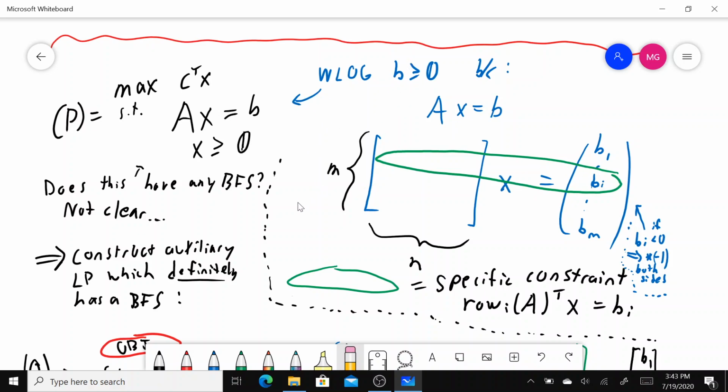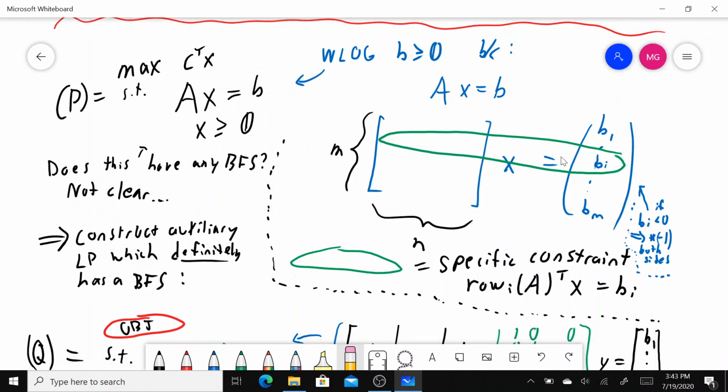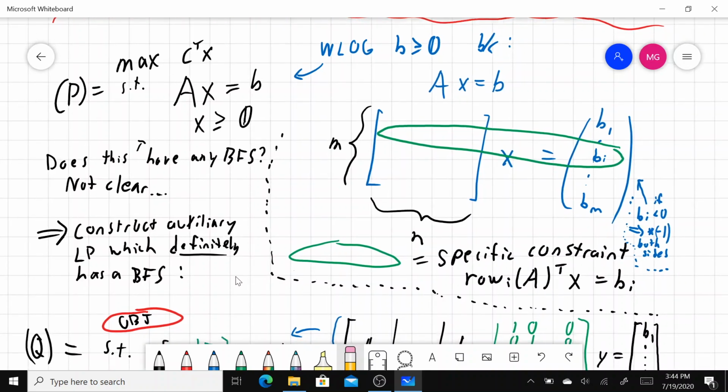If it wasn't, you just multiply by -1 for a particular component that violates non-negativity. Okay, so that's our assumption, and here's our format. It's not clear that this has any basic feasible solution, and that's what we're trying to do, find a basic feasible solution. And so here's how you do it. You construct an auxiliary linear program which definitely has a basic feasible solution.